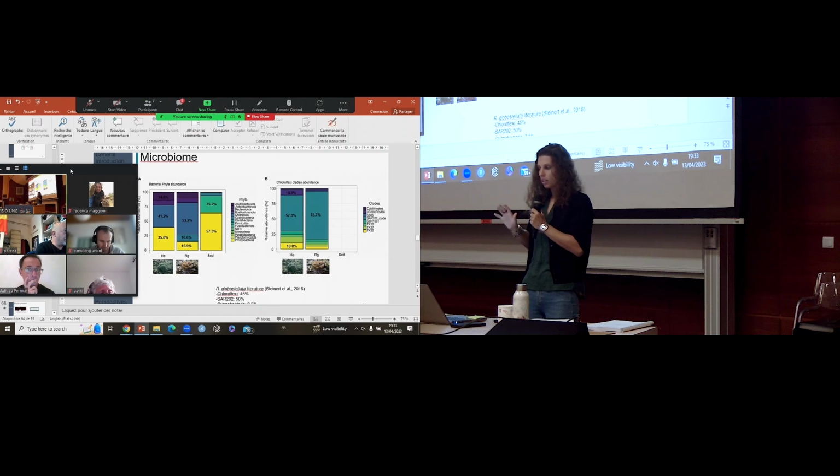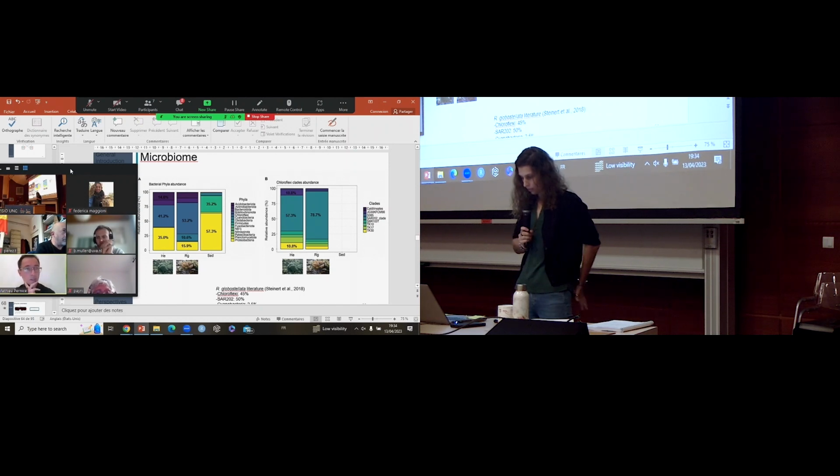But this is really something that needs to be investigated more. Yeah, indeed, because that would also explain why this site is so diverse, with having in some ways two sites in one. It's so extreme, the change that occurs there between low tide and high tide.